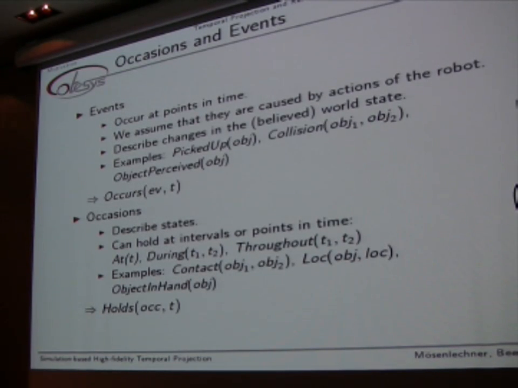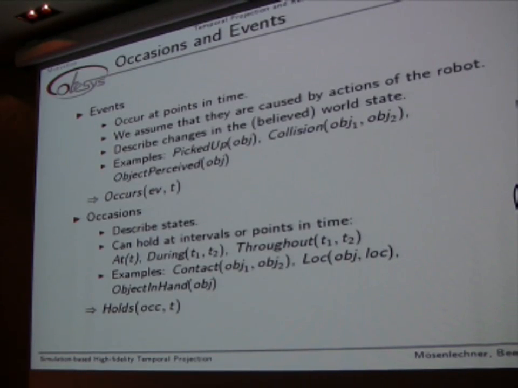Events occur at a specific point in time, and we make one assumption here. Events are always caused by actions of the robot, so we do not use any exogenous events that are created by the environment or by humans acting in the environment or something like this. We assume here that the robot is responsible for every event. This is important for now because this allows us to really relate effects to a control program.